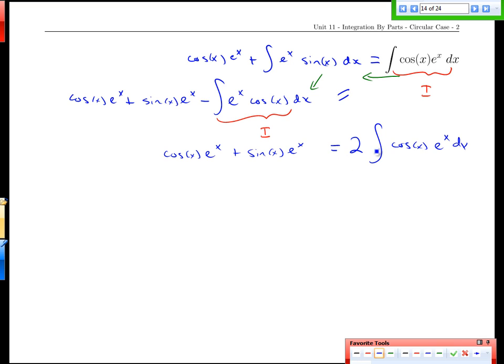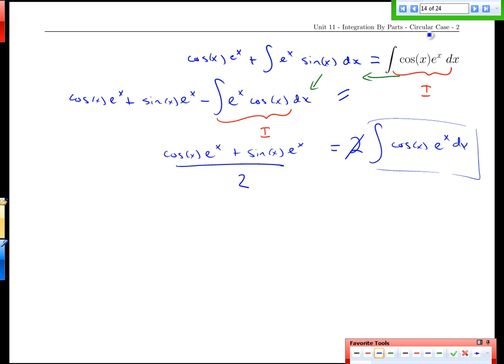And this is one of those counterintuitive things. We never actually finish doing our integration. We just say this is what we want. It's in an equation with other things, so we solve for it. The integral of cos x e to the x is going to be cos x e to the x plus sine x e to the x all over 2.